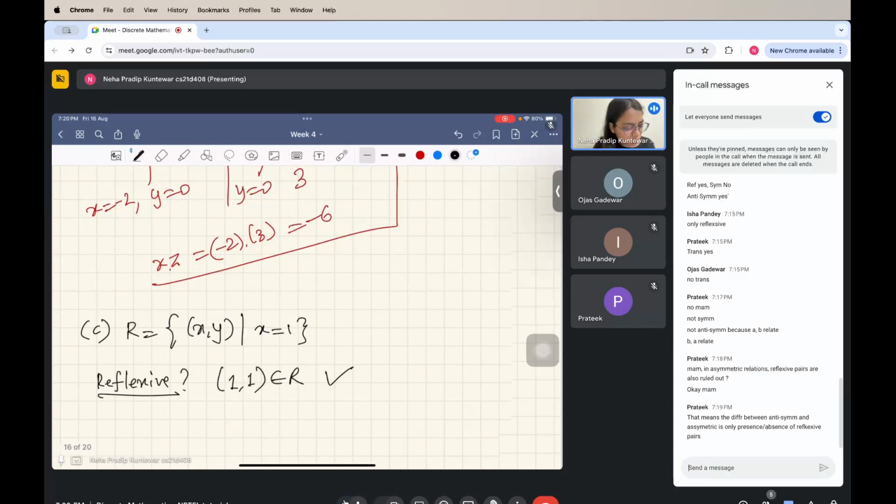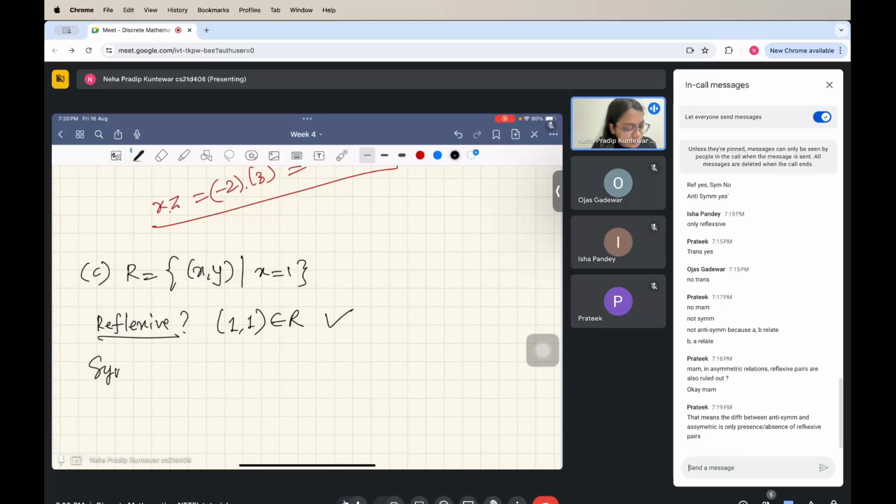No doubt about it. Let's ask symmetry. So let's say x is 1, y is 3. So 1 comma 3 is in the relation because x is equal to 1, but 3 comma 1 is not in the relation because x is not equal to 1 here. So this is not symmetric.